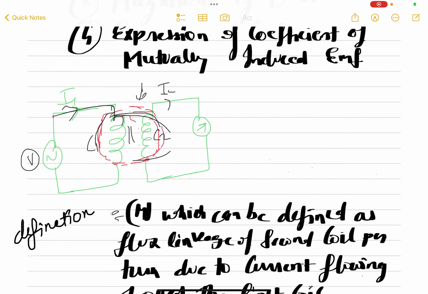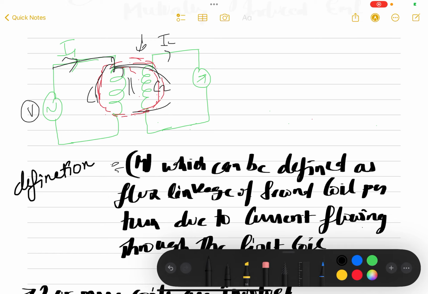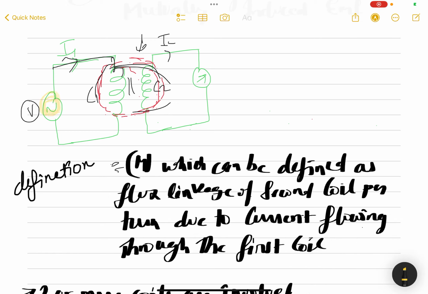Okay, so here as you can see, I have drawn one simple circuit. In this circuit there is one coil C1, with an alternating voltage source, and this source has a current I1. When I1 flows through circuit 1, it will create a magnetic field around the C1 coil, and this magnetic field will interact with another coil, C2, which is placed in the vicinity, so that the coil will link with the magnetic field.